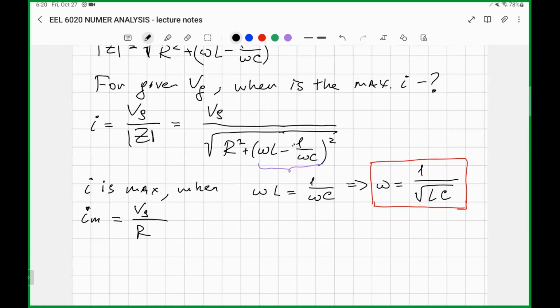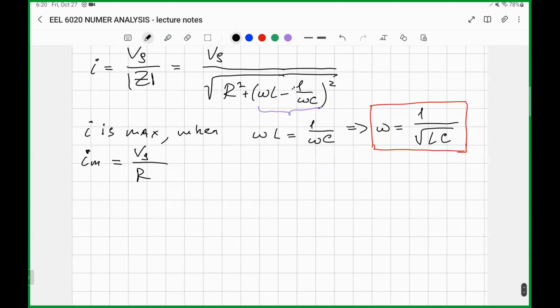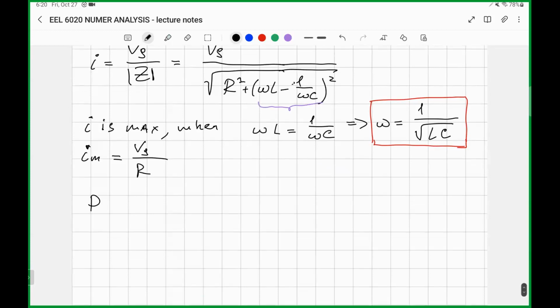At the same time, the real part of the power, the active power in the circuit, is only for the resistor, right? The power that dissipates in the form of heat. So the real part of the power in this circuit is given by the product of the voltage across the resistor times the current in the resistor, which is the same current for all these elements.